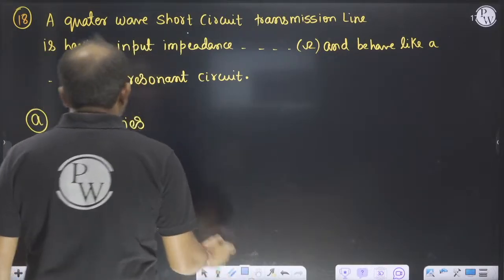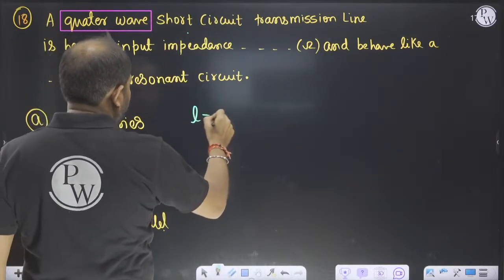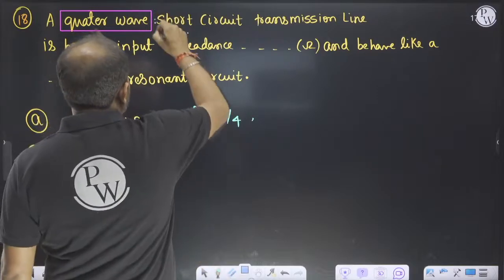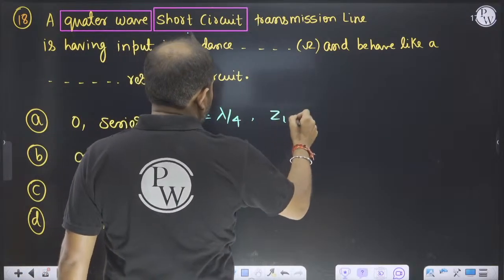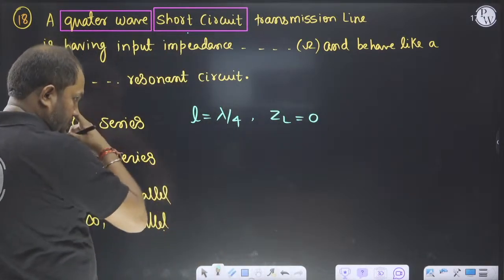Quarter wave means the length is lambda by 4. This is a self-designed question, and it is short circuited. That means ZL is 0. They are asking for the input impedance.